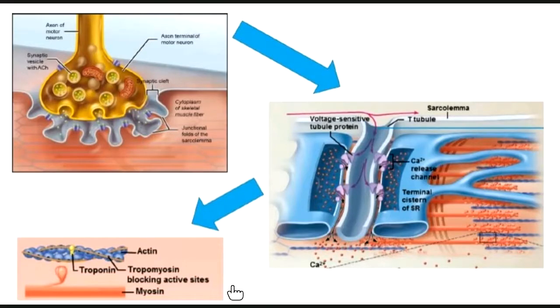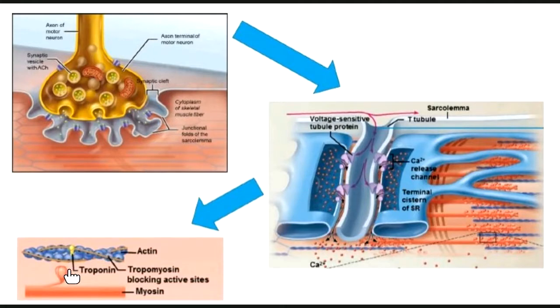So this picture is something I made for you that outlines the whole process of how muscles contract, from the beginning, where a neuron sends a message down through the muscle fiber's membrane, all the way down to what we just talked about with the myosin and the actin.